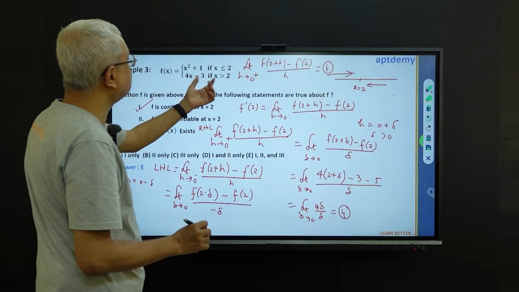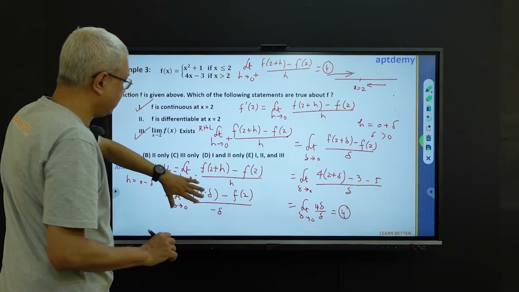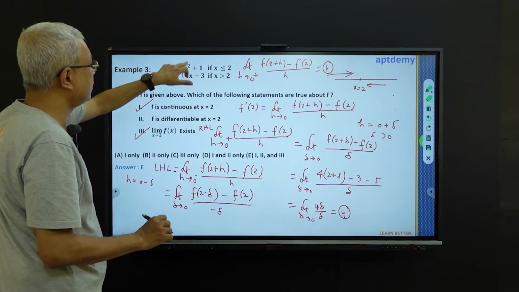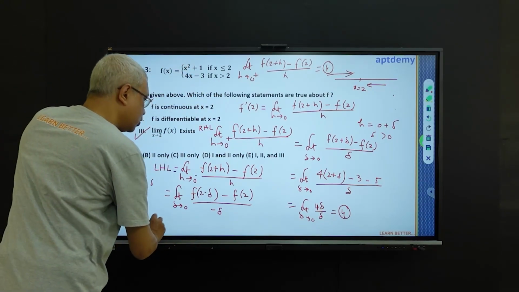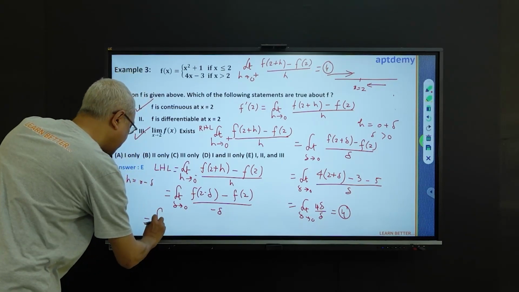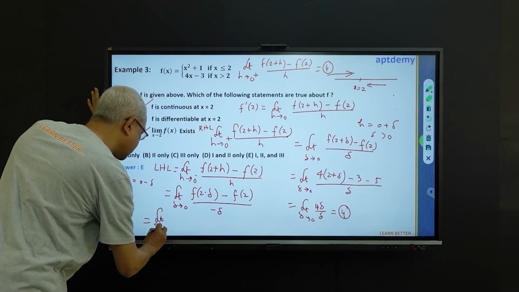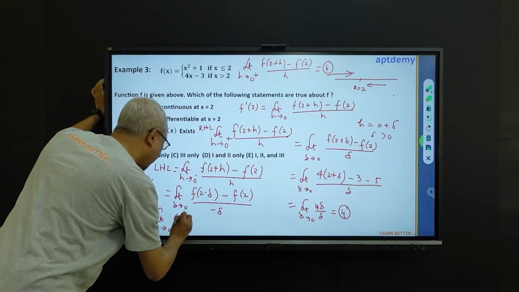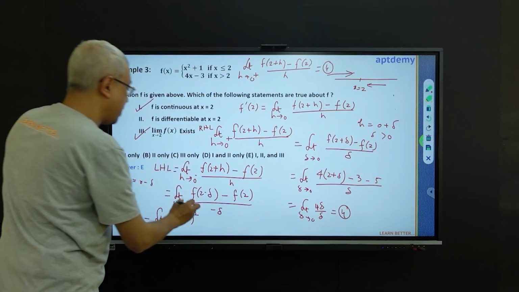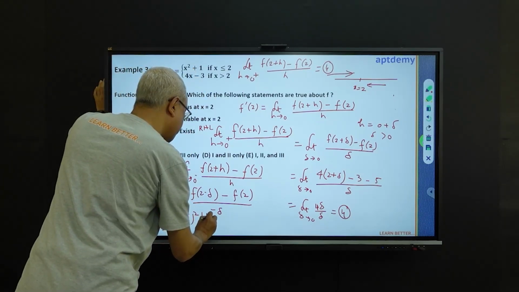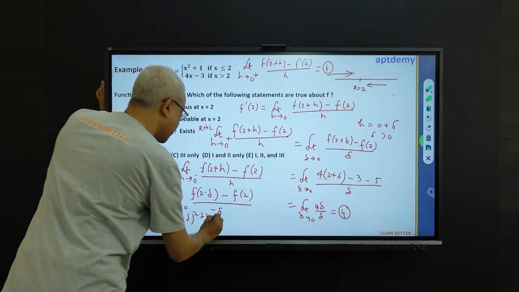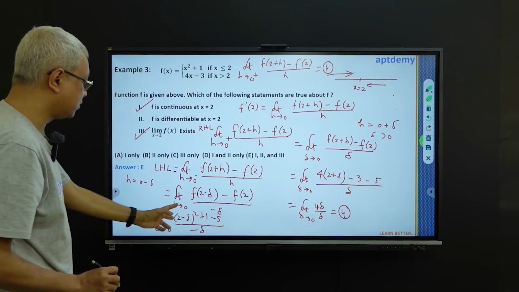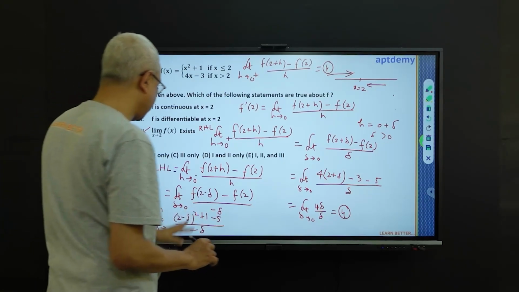So f(2 minus delta) means when the argument of the function is less than 2, we use the upper one formula. So it is basically limit delta approaching 0, (2 minus delta) whole square plus 1 minus f(2), which is 5 again, divided by negative of delta. So it is 4 plus 1 minus 5, they cancel each other.